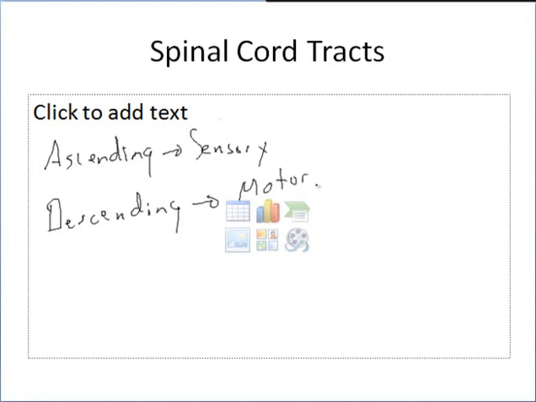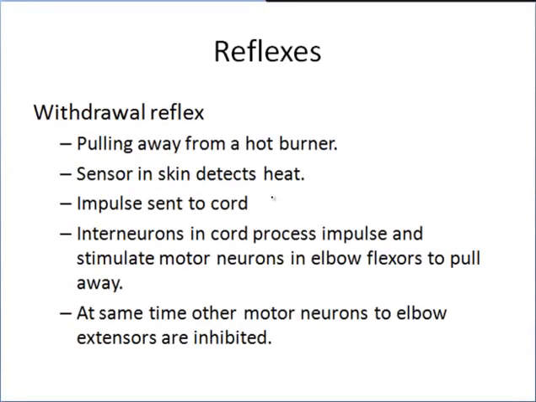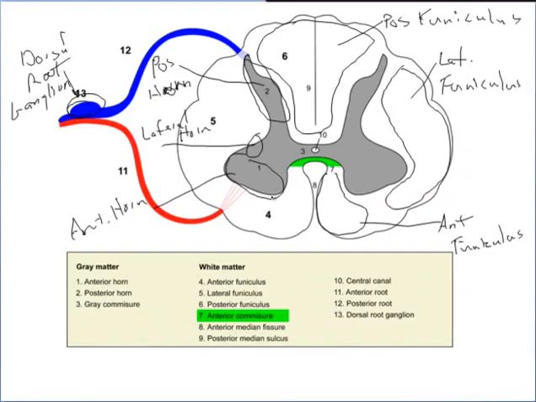So they carry motor information, and both of these occur in the white matter of the spinal cord. So we would have both ascending and descending tracts located in these areas.